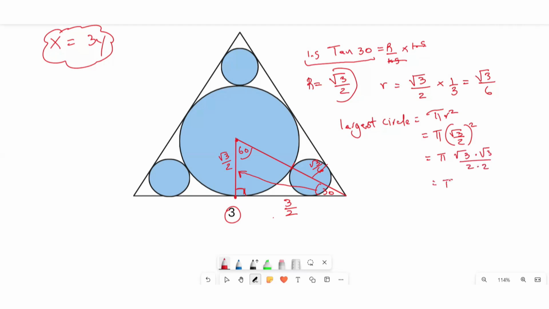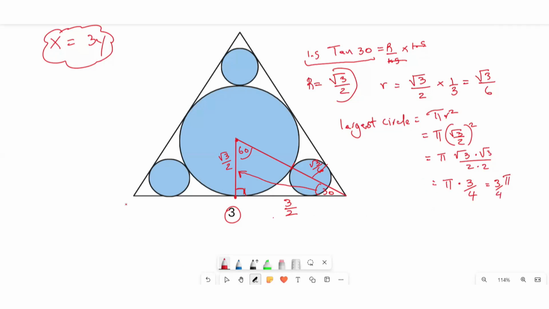So basically this is pi times 3 over 4. So we could represent this as 3 over 4 pi. Let me just write this back quickly. So that's the area for the large circle.